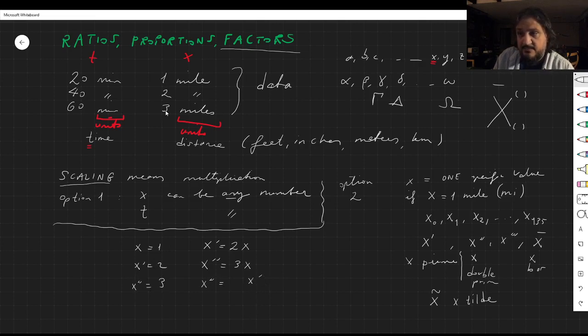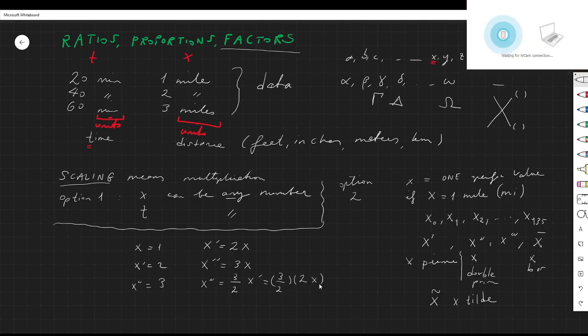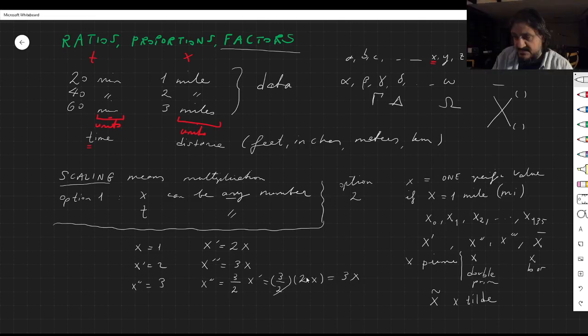Going from 2 miles to 3 miles, I need to multiply 2 by 3 halves, right? So 3 halves multiplied by X prime, which is 2X, gives me 3X, which is what I just wrote there. Now, when I multiply these variables with numbers, I'm avoiding the cross, okay?